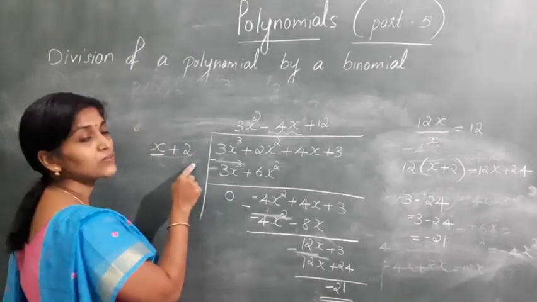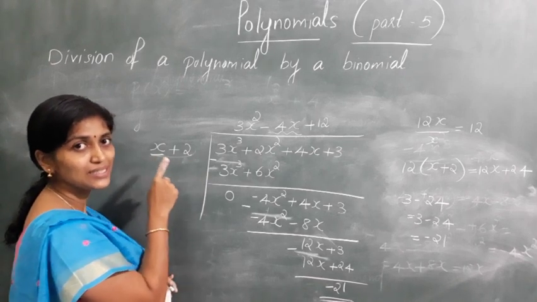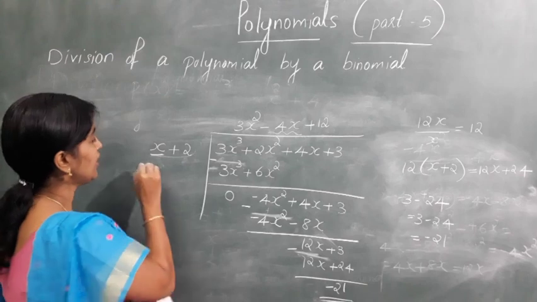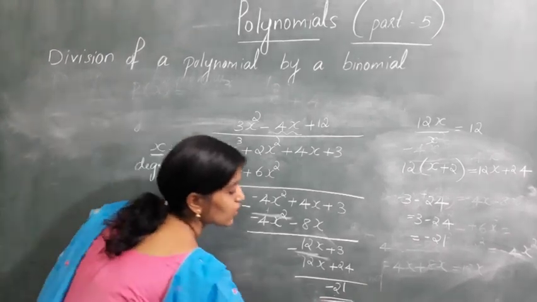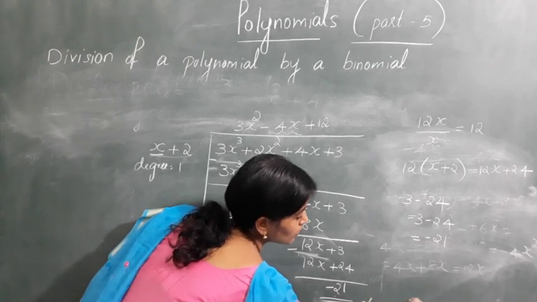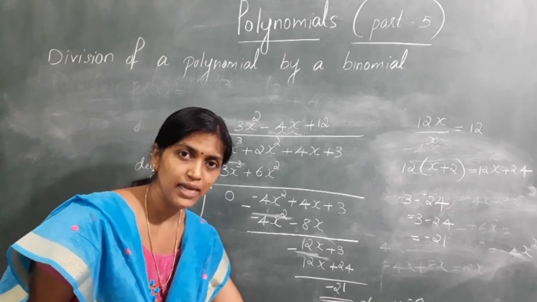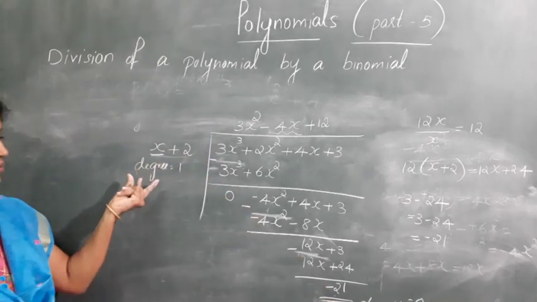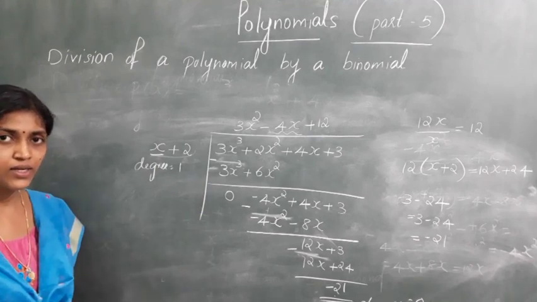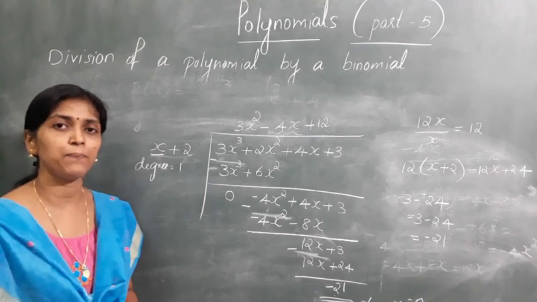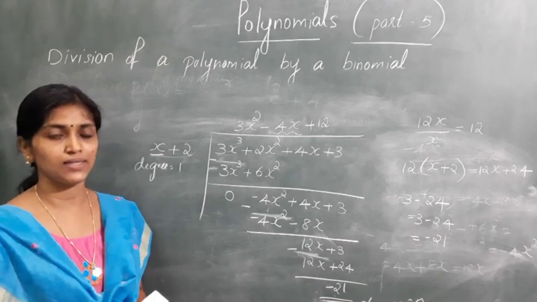Now what is the degree of the divisor? x plus 2 is our divisor, so its degree is 1. Since the degree of the remainder is less than the degree of the divisor, we stop our division. Clear? This is how we divide a polynomial by another polynomial. We will see one more example.